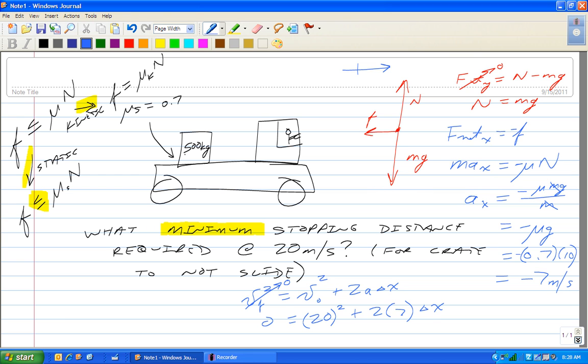Would you agree? Shouldn't it be negative 7? Thank you. So when I move that to the other side, I get 14 delta x equals 20 squared. So delta x, therefore, is 400 divided by 14, 28.6. So I need 29 meters to safely stop.